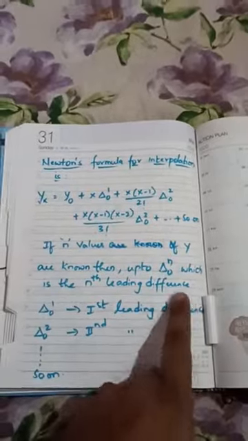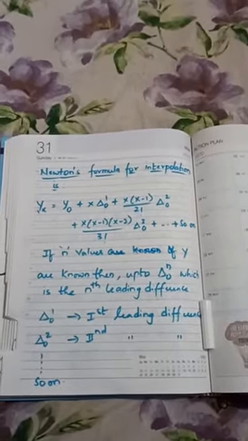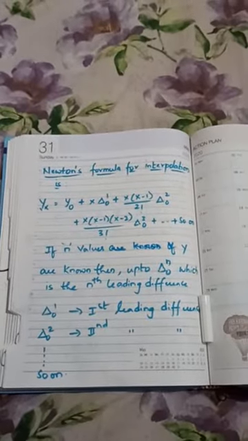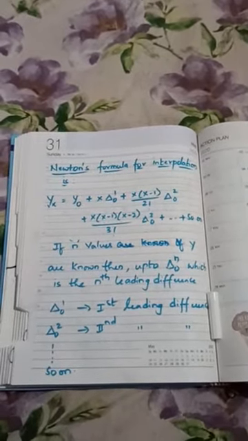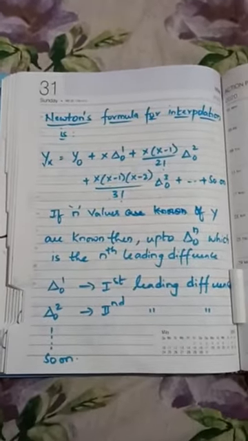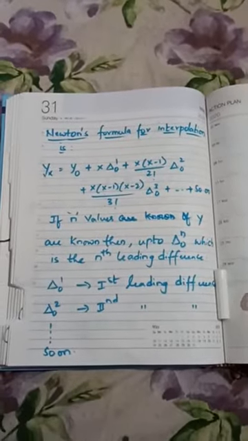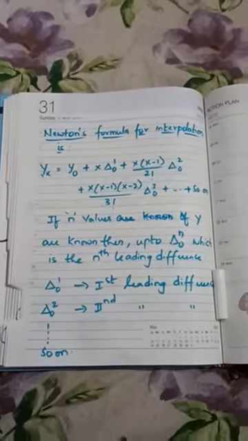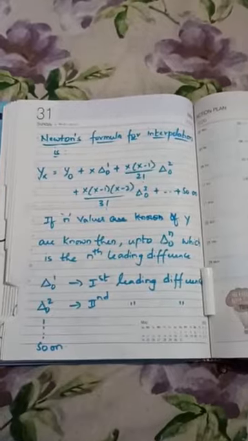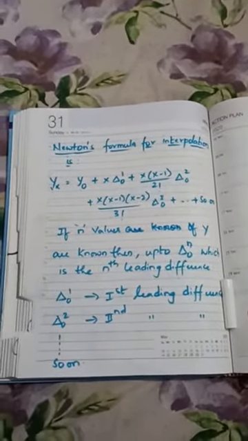Delta naught n, delta naught in the sense is a leading difference. How this leading difference has to be calculated, in the next page I am going to show. Delta naught 1 first leading difference, delta naught 2 second leading difference, delta naught 3 third leading difference, delta naught 4 fourth leading difference, and so on, depending upon the number of known values present in the data.